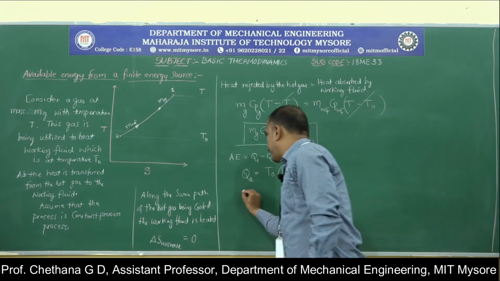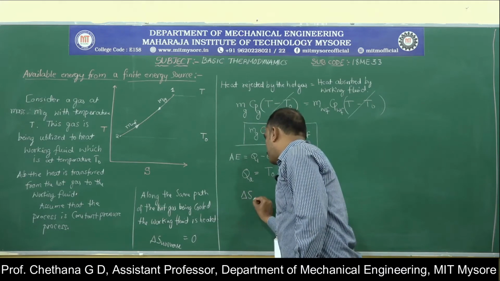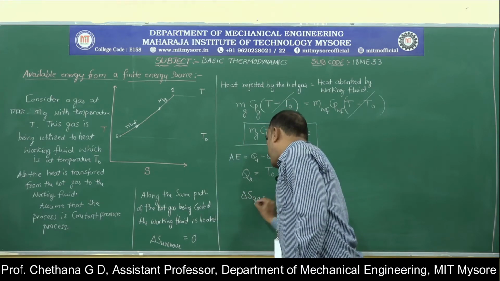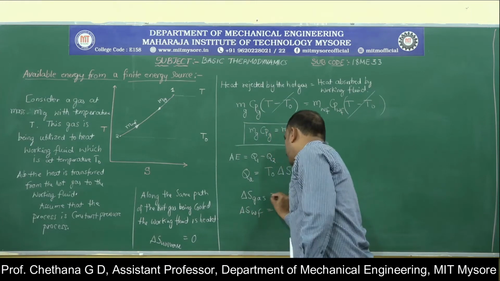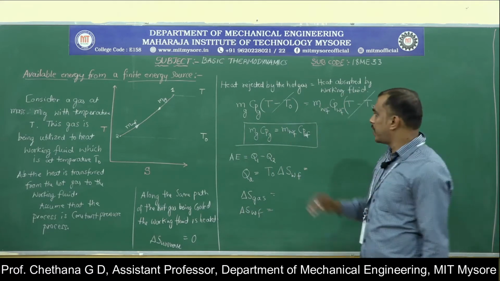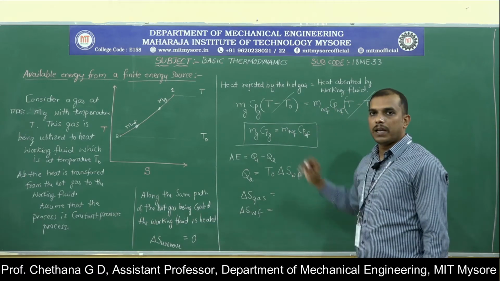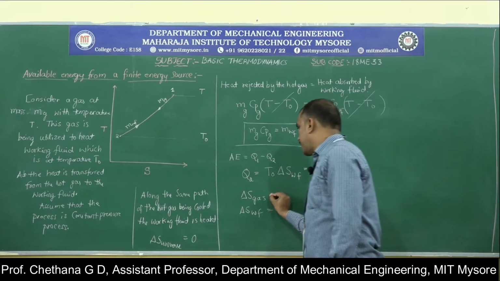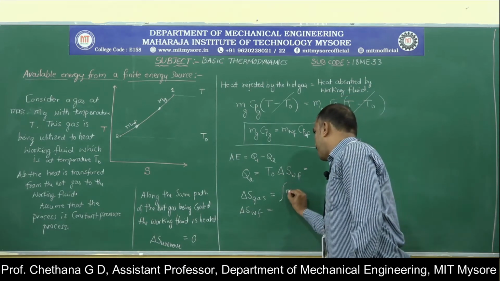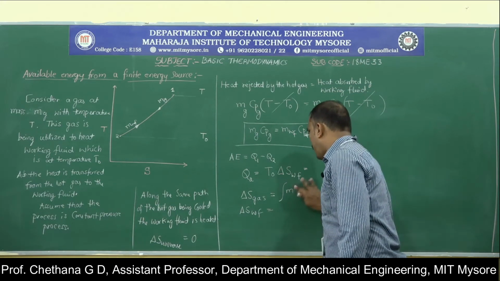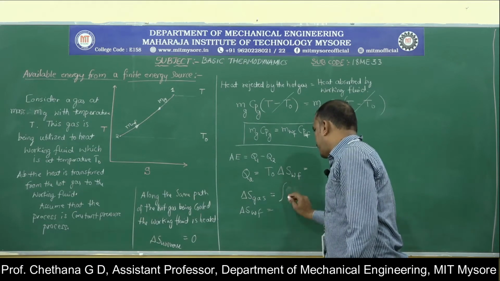Now, it is better that we get delta S of gas and delta S of working fluid, we can go back to the substitution and then we can finally find out the available energy. Now delta S is what? Delta S is mCp dT, or you can say that delta S is what?